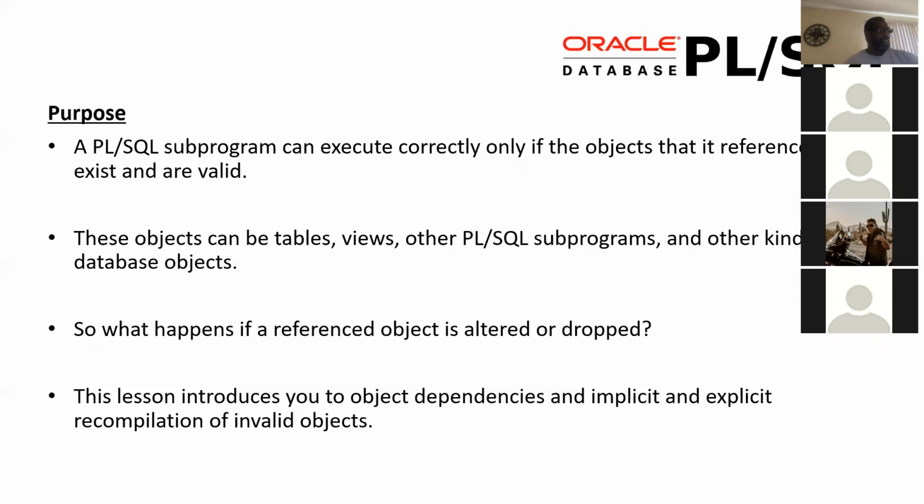So, where was I? You can execute correctly only if the objects that it references exist and are valid. So basically, you can only select a table that actually exists, right? If you try to select a table that doesn't exist, then primarily you'll get a warning that that table does not exist as an object.